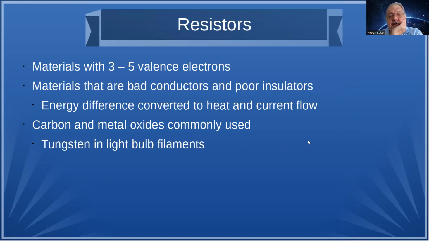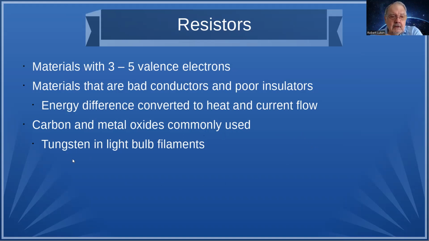Typically, we use things like carbon film and different metal oxides to manufacture resistors. In some cases, we use wire, like nichrome or tungsten wire, but we don't normally use that for any high frequency stuff because of the inductance, which we'll get to later.